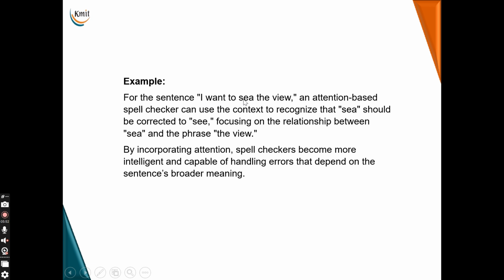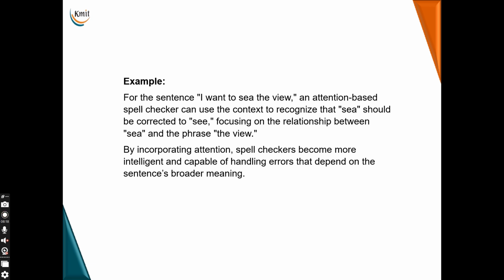If you see the word here, you can easily tell me this spelling SEA might be correct, but is it relevant here? What word should I type here actually? I should use the verb SEE. I want to see. See is related to vision, right? So, I want to see the view.